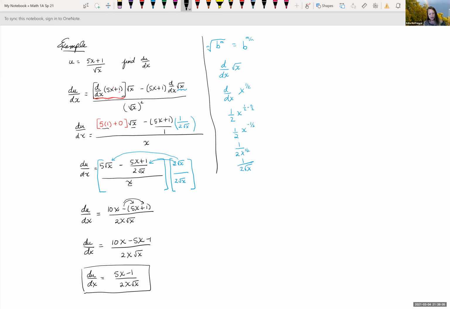I notice I could rewrite that denominator so it only has a single x by using rules of exponents. If I did that, this would be the same thing as 5x minus 1 all over 2 times, well, this is x to the first power times x to the 1/2 power. Rule of exponents we would add, so we would get x to the 1 plus 1/2 is 3/2.